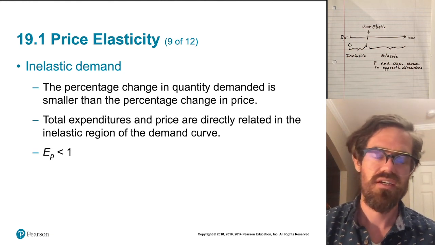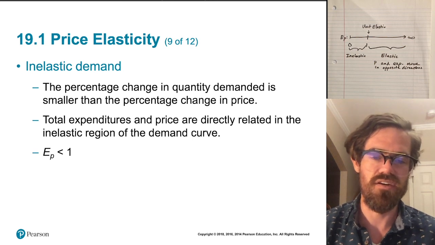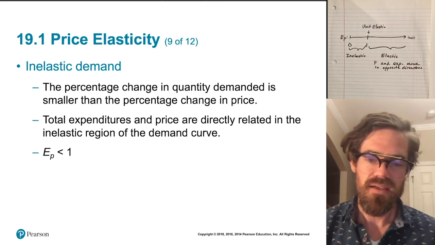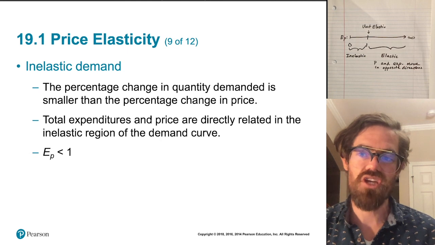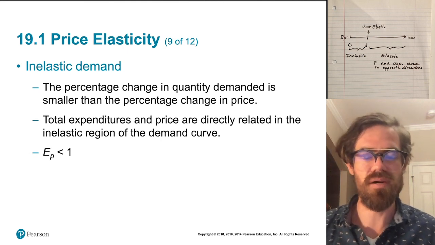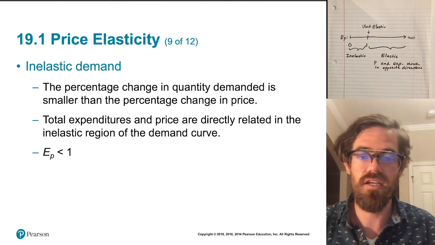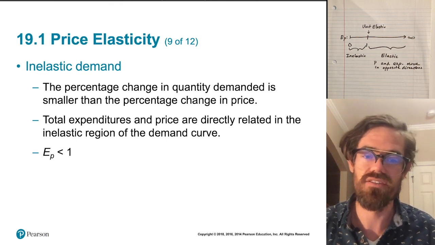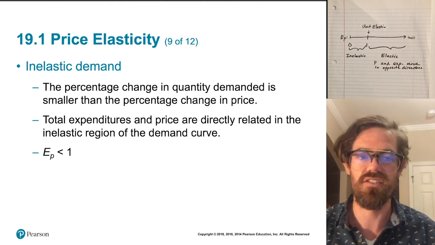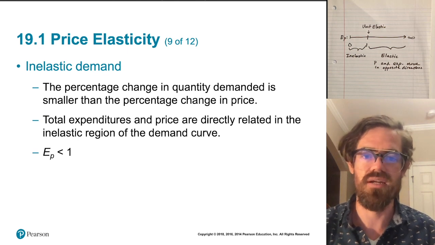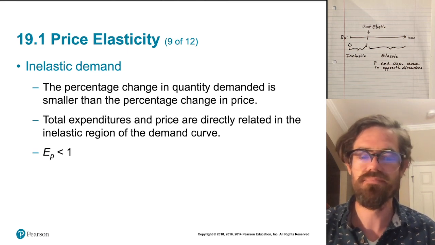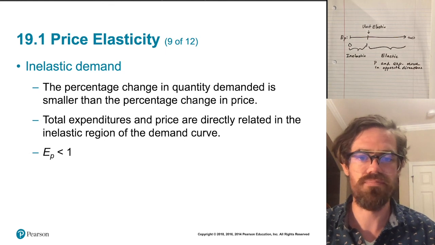They move in the same direction. And that's because, if price goes up, and you don't really change how much you purchase, you're not very responsive to that price change. Because the price went up, you're going to end up spending more money if you don't buy less, right? So that's why with inelastic demand, total expenditure and price are directly related. They move in the same direction.